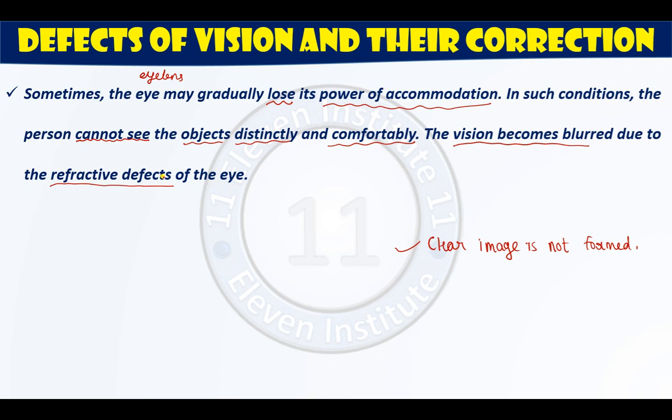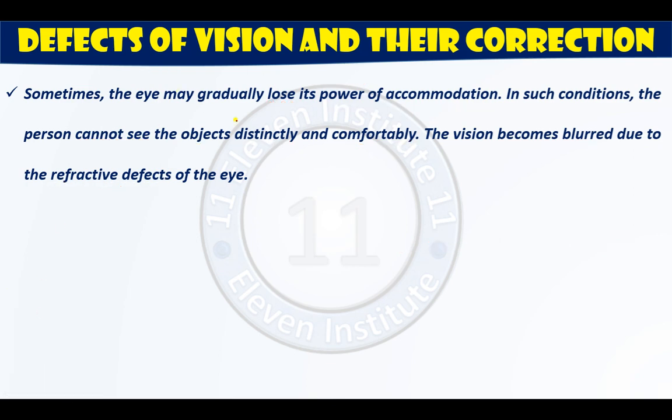So ultimately the main reason for defects of vision is that the eye lens is losing its power of accommodation, gradually with age, sometimes before that age also. These defects of vision arise only when there is loss of power of accommodation by the eye lens. Now you should be able to correlate this. What is the role of the power of accommodation? We learnt it in the previous video lecture.